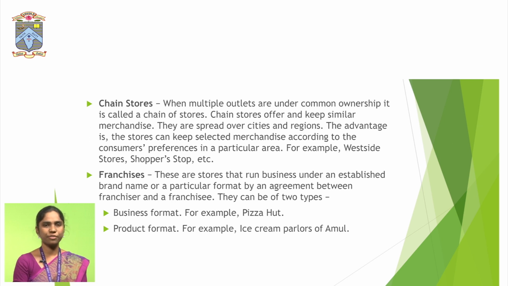And the third one is franchise. In franchise we have to remember three terminologies: the franchisee, franchisor and franchising. The person who is utilizing the trademarks or products of another company is called the franchisee, and the person or organization who is offering these trademarks and products is called the franchisor.